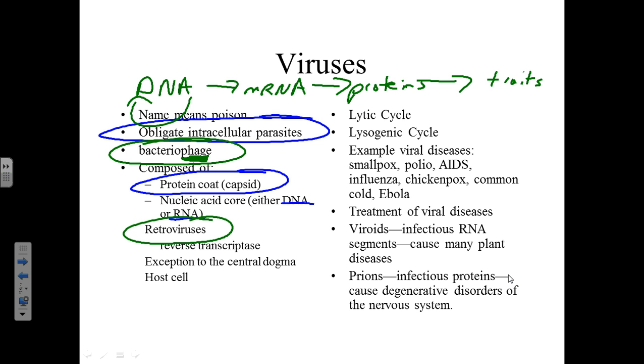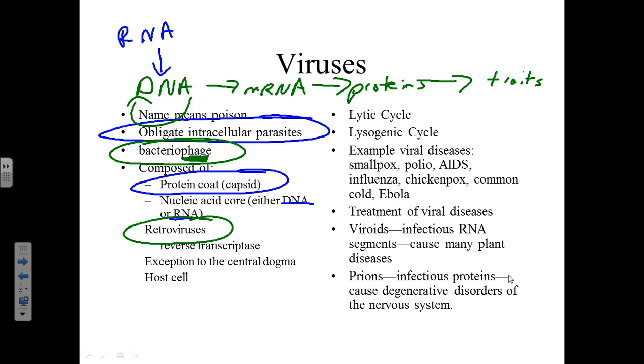But the retroviruses can't really do this because they don't have what? They don't have DNA. So they have an extra step. When they inject their RNA into a host cell, for it to work, that RNA has to get turned into DNA. And what's that process called? DNA to RNA is transcription.